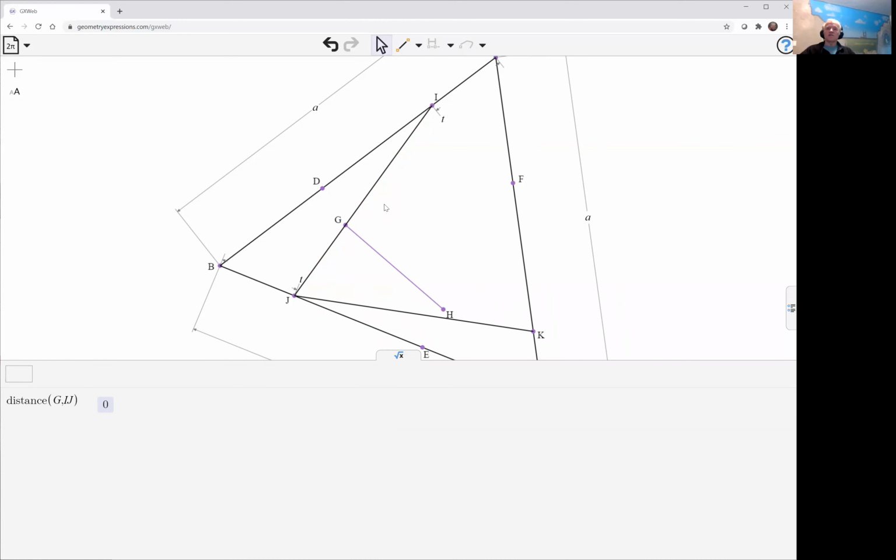It's not an accident. H, I suspect, is going to lie on the other one once we make this T. And it certainly looks like it. The other question is, how far along is G? Certainly not halfway, but let's just have a look at distance IG.